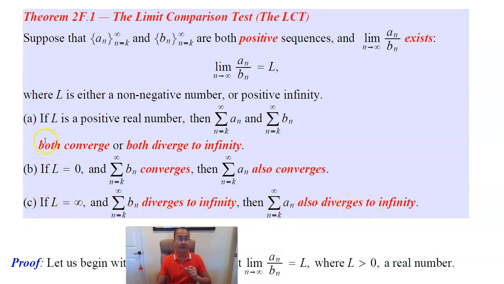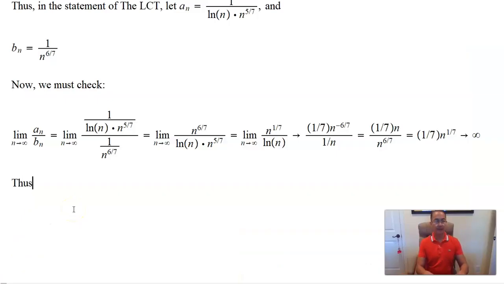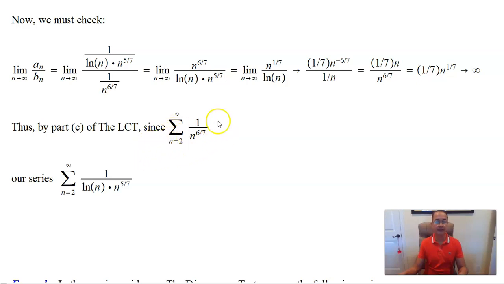So this time it's not part A that we need, but rather part C. Thus, by part C of the LCT, since summation 1 over n to the 6 over 7 is a divergent p-series, our series, which is this, must also diverge to infinity. Ta-da! There we go.